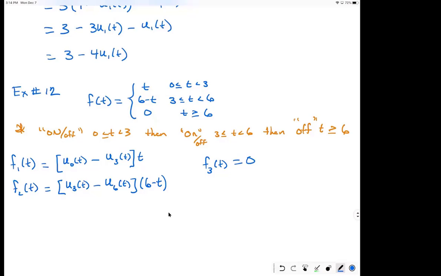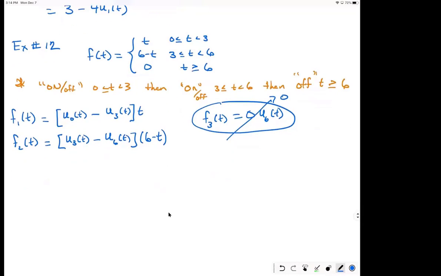Right? So I would be engaging that u sub 6 of t. That's when I'd be turning on the off switch. So we don't tend to write this one. It's not wrong, it's just that's just 0, right? 0 times anything is 0. So we just leave that out, don't bother with that.